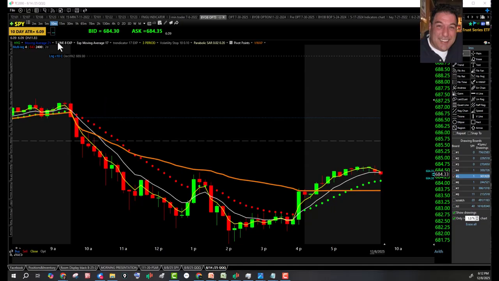So I want a 10-minute uptrend inside of a 2-hour uptrend that resides inside of a daily uptrend, inside of a weekly uptrend, inside of a monthly uptrend. Now I'll put all that together. Why do I want all of that to be working together?